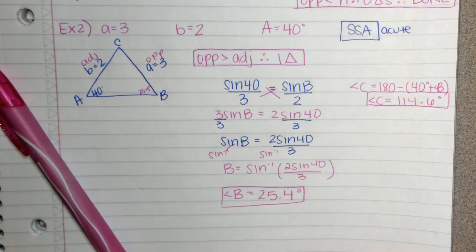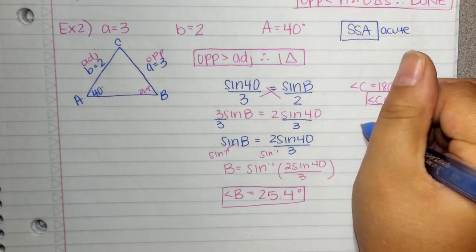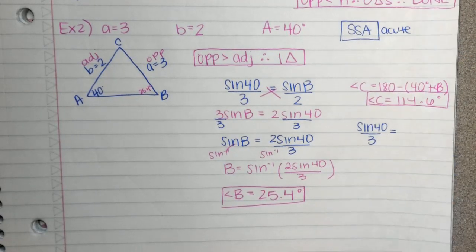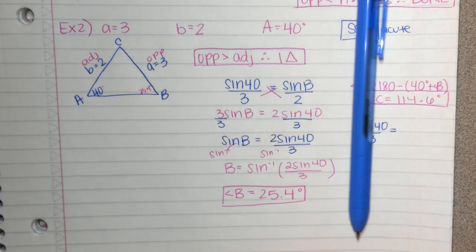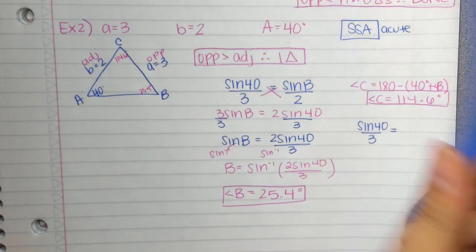How do I find the other side? Law of sines again. So I'm going to do the sine of 40 over 3. And what is angle C? What did we get? 114.6 degrees.